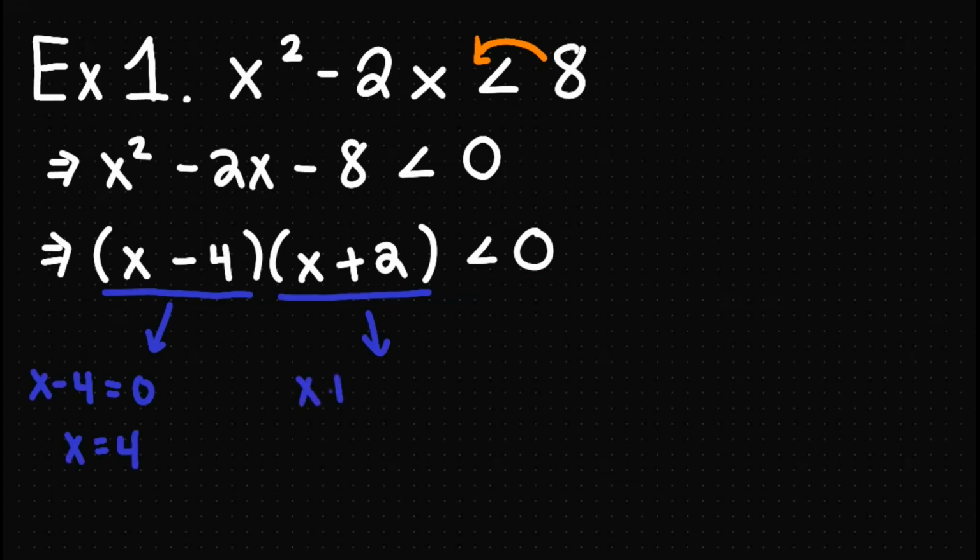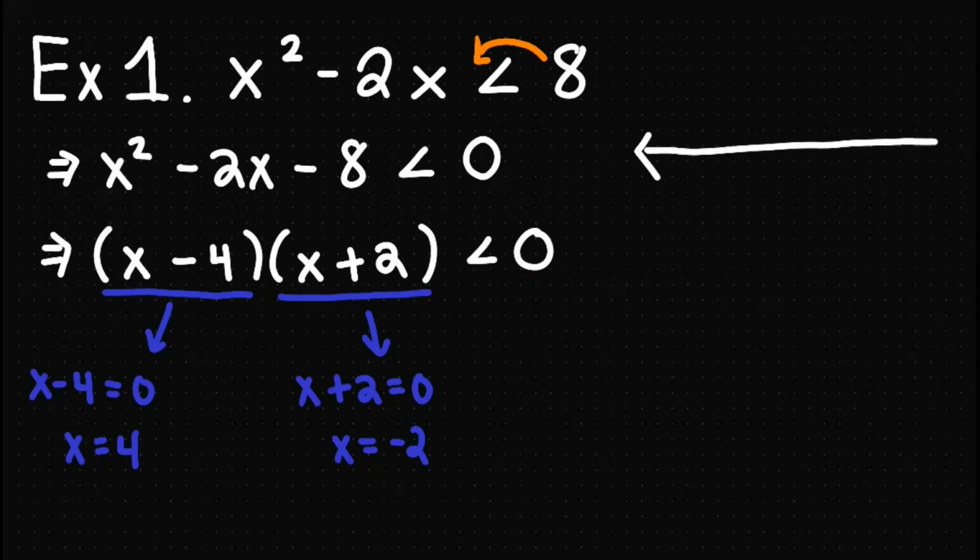Then x plus 2 equals 0 will give us x equals negative 2. Now that we have this, we'll plot it in a number line. So let's assume negative 2 to be here and 4 to be around here.